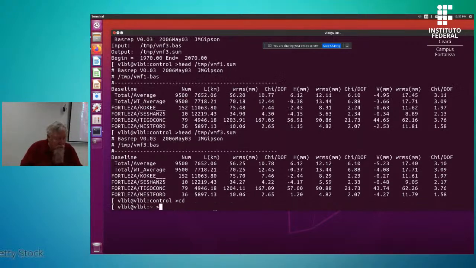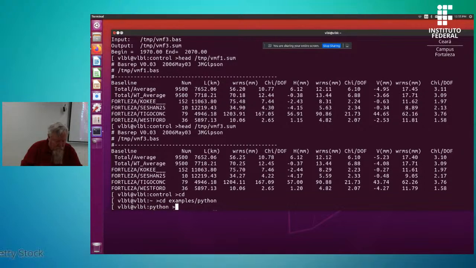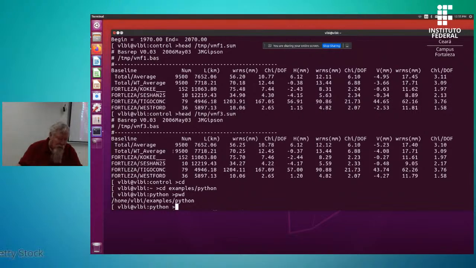Now we want to change directories to the Python directory where we had that Python code. You can just do a cd and that'll get you back to the home area. And you should all be in home VLBI examples Python.